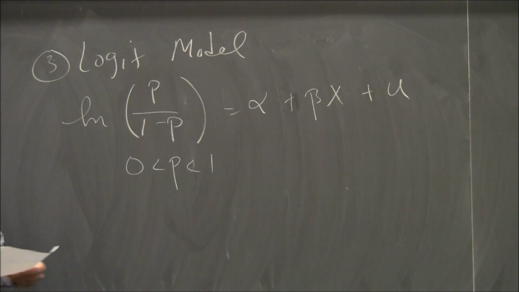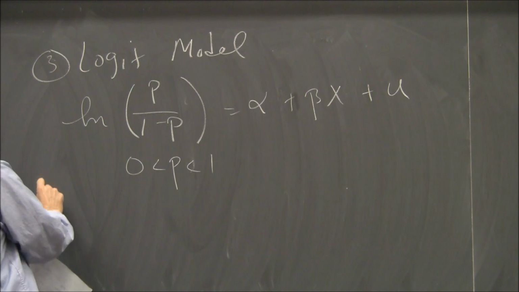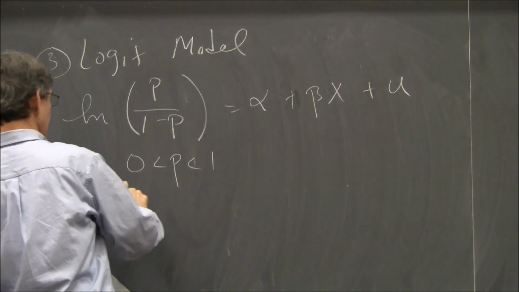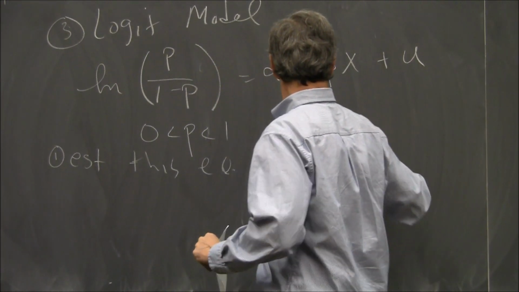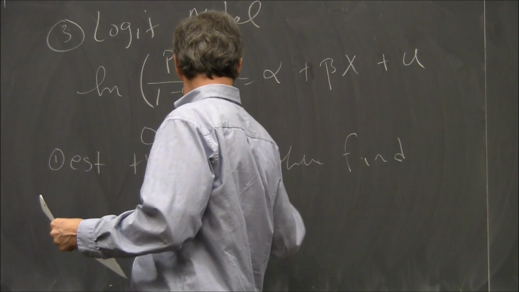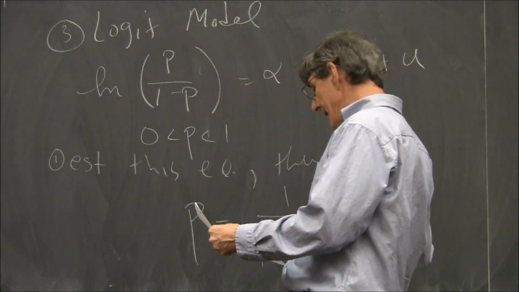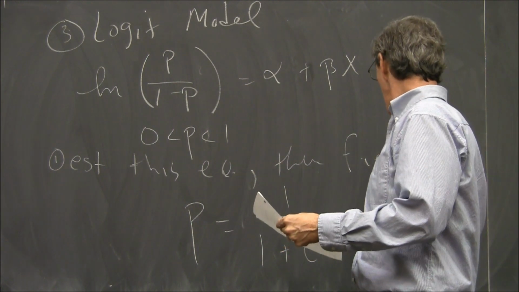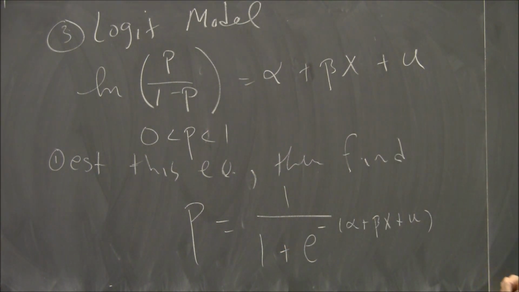In this model, you estimate this equation somehow. Then you find that P equals 1 over 1 plus e to the minus (alpha plus beta x plus u).